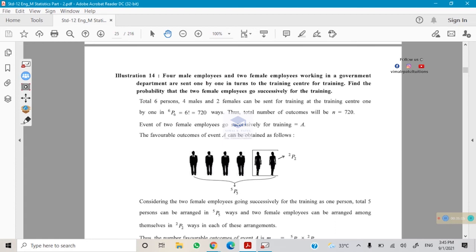Find the probability that 2 female employees go successively for the training. મતલબ 2 female employee જોડે જ જાય. આવતું હતું ને કે both girls sit together એવો સમ આવતો હતો ને 11th માં. આમાં એ જ રીતના છે કે both female employees go successively, they will go together for the training. બરાબર?